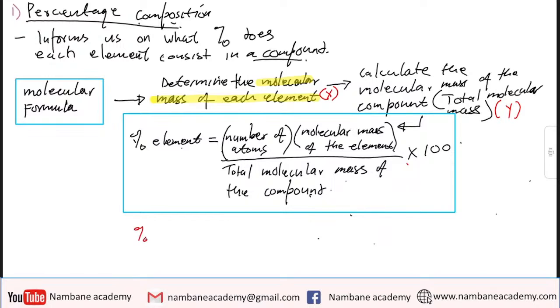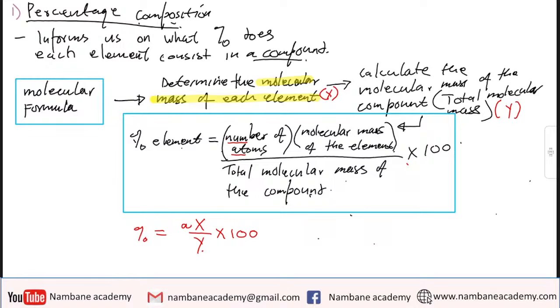So now it will say percentage is equal to X over Y multiplied by 100. But there is a problem now. The problem is we did not cater for the number of atoms. So let's add A, and A will represent the number of atoms.